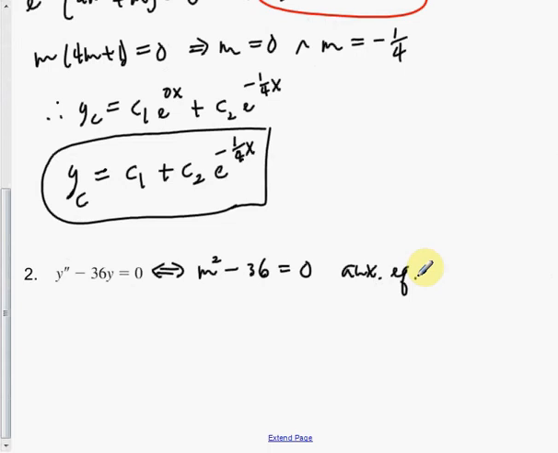Please never say that y double prime minus 36y equals 0 is equal to m squared minus 36. Don't say that.